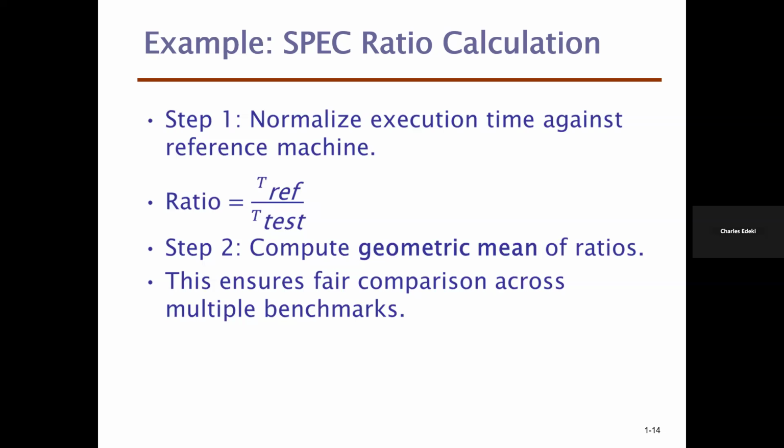And the ratio formula is given as reference over the test. Then step two, we have to compute the geometric mean of the ratios. And wait for a few seconds if it's okay. Good.